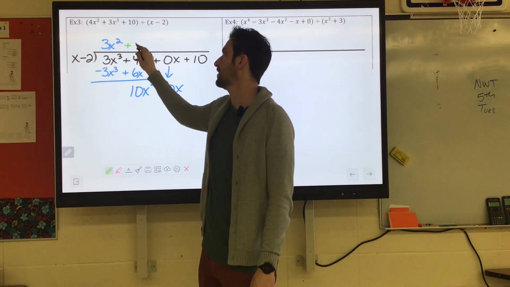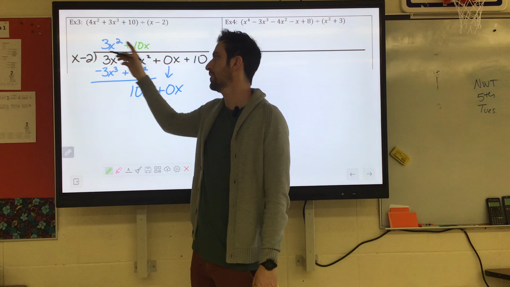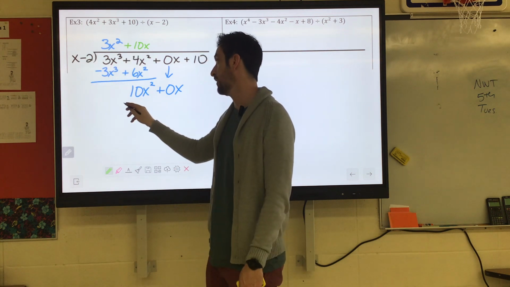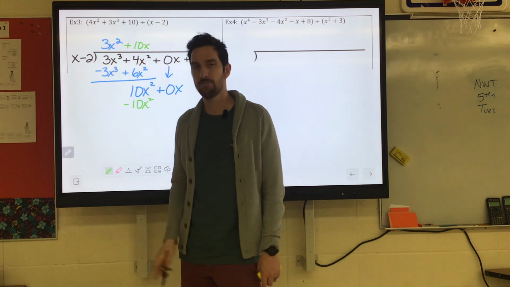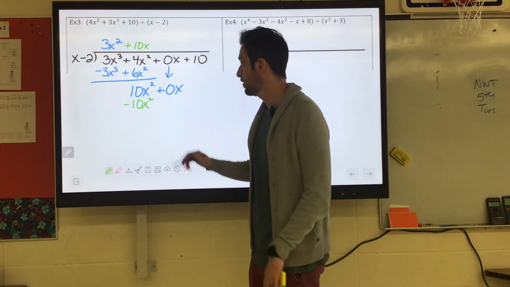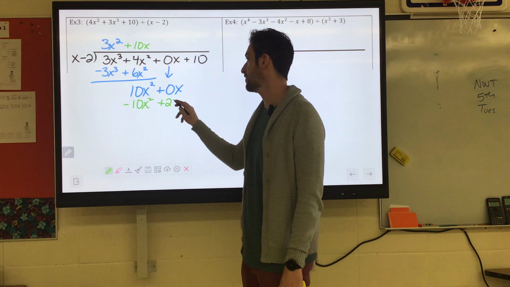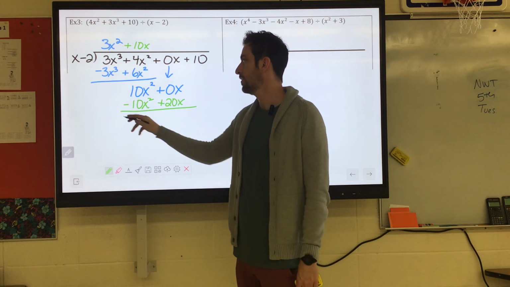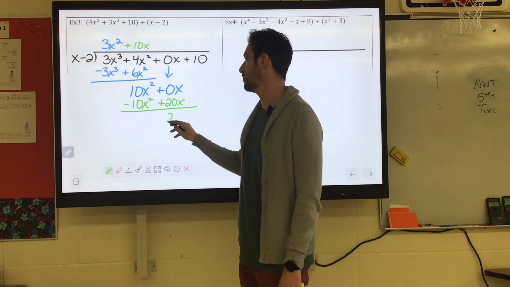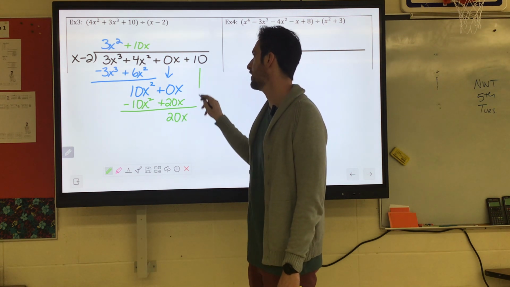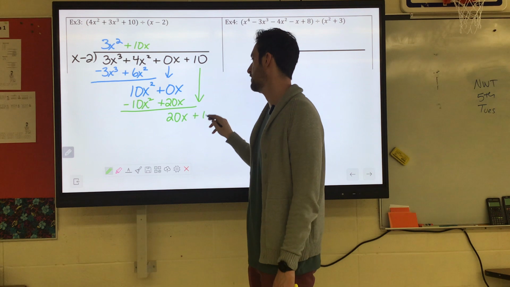So we'll put plus 10x here. 10x times x, 10x squared. Bring it as its opposite, negative 10x squared. 10x times negative 2 is negative 20x. Bring it down as its opposite, plus 20x. X squared's gone. 0x plus 20x is 20x. And then we'll bring down our next digit, plus 10.